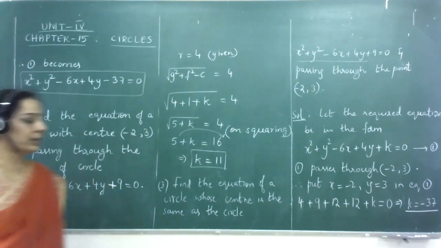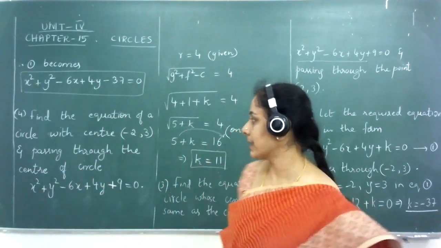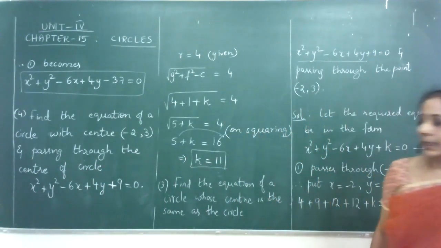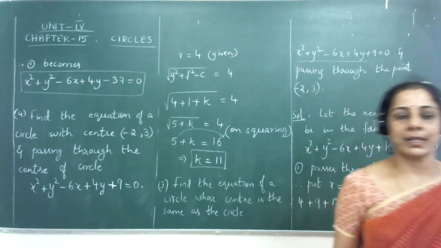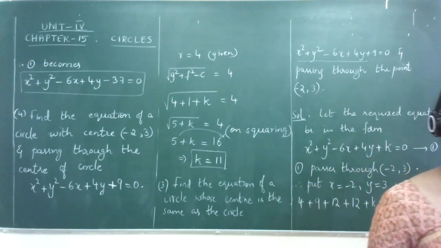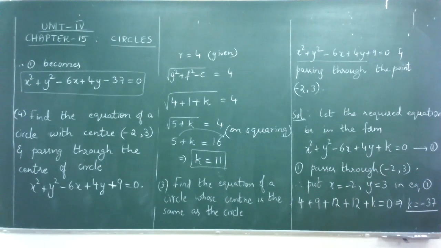Okay. We are finding the equation of a circle which is passing through the center of another circle and whose center is already known as minus 2, 3. How do we answer this one?